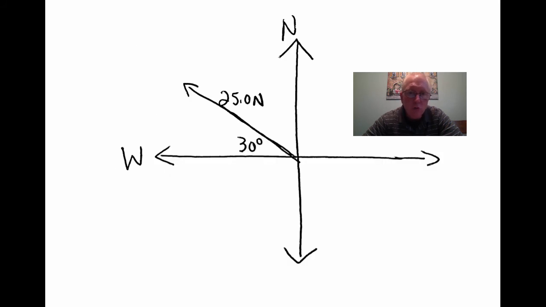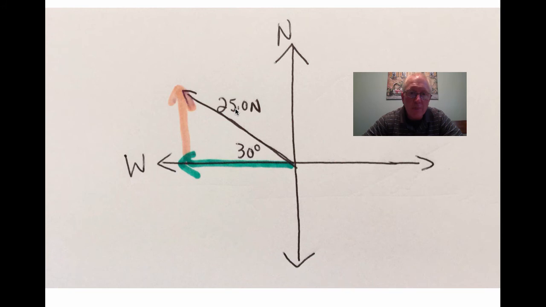Okay, so there is my vector that represents 30 degrees toward the north of west, and there's my 25.0 Newton magnitude. In red and green, reddish and green anyway, I'm drawing the components in the western and the northern direction.